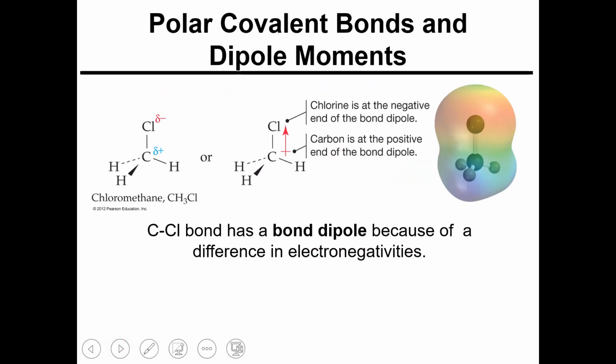To talk about intermolecular forces, we first have to talk about a few things about molecules themselves. So if we look at a molecule, for example, something like chloromethane, which is CH3Cl, the bonds between carbon and hydrogen, if we think back to electronegativity, there's not much of a difference in electronegativity between carbon and hydrogen.